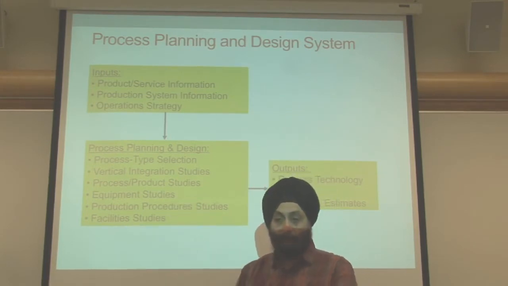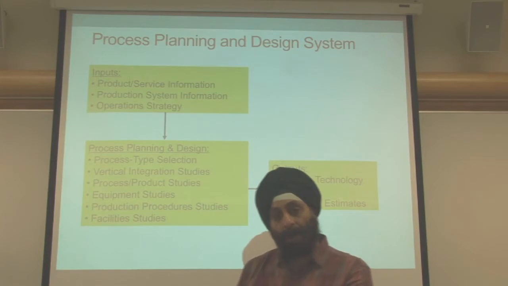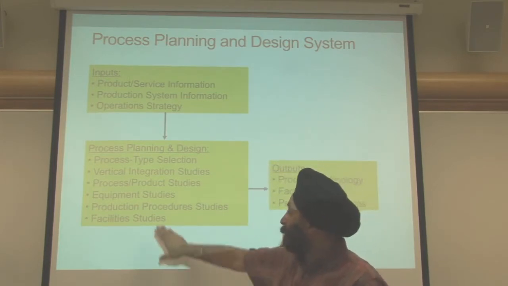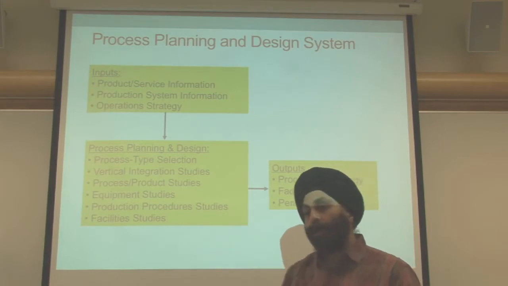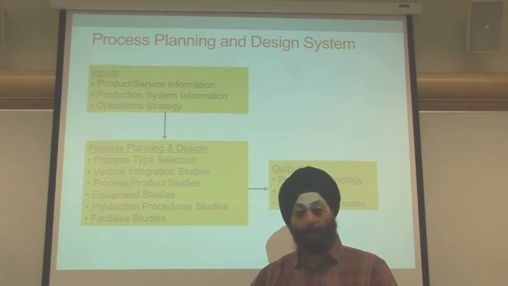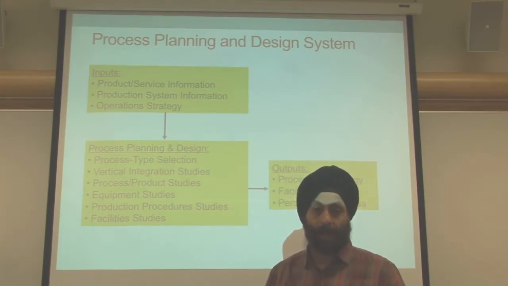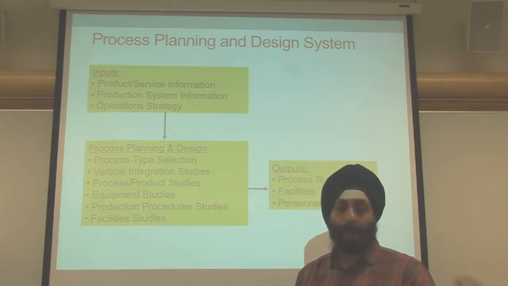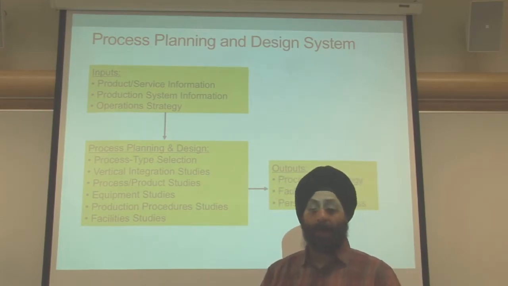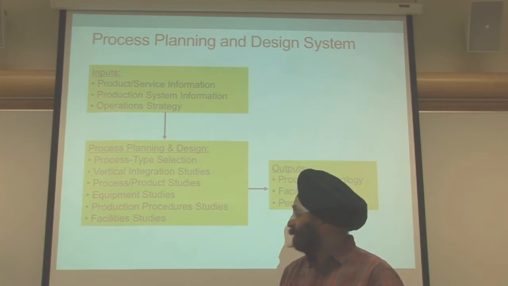Equipment study, should we use equipment of a particular category or should we need to switch over to a different type of equipment? Production procedure study, the way we produce the product currently, is that the right way of producing it, or do we need to revise our production procedure so as to better produce higher quantity or better quality, or have checks and balances in there?